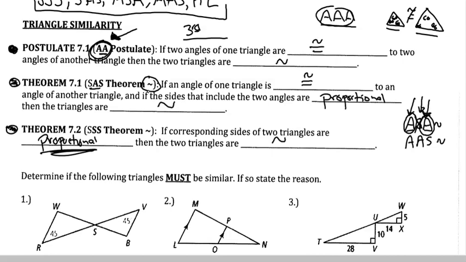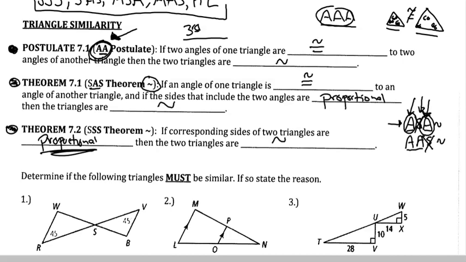I'm sure there is an ASA of similarity, but once again, the lazy and efficiency part of us goes, well, we already have the two angles, so we're good. We don't need a different way to prove they're similar that adds on an extra component that we don't need. Same deal here. We already have AA, so there's no point in having AAS.